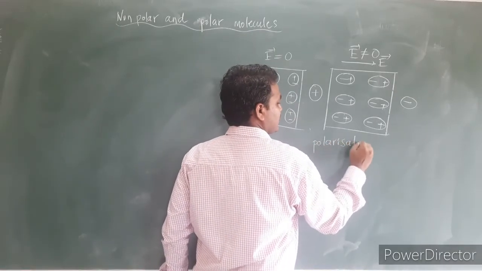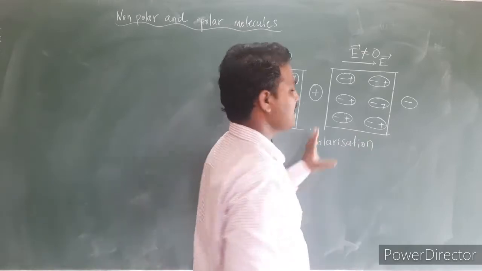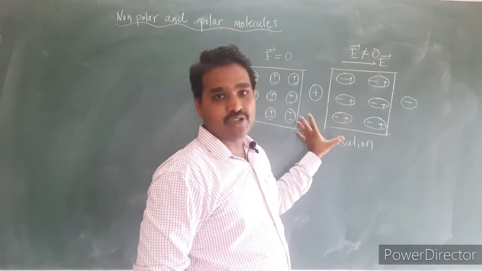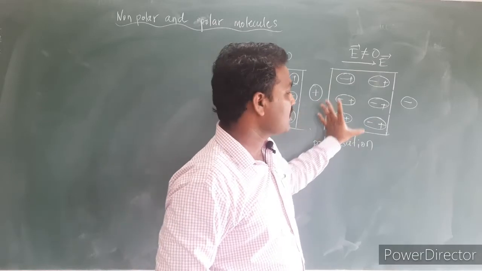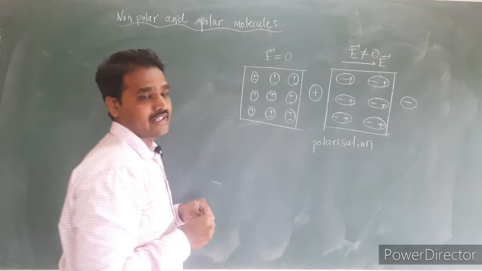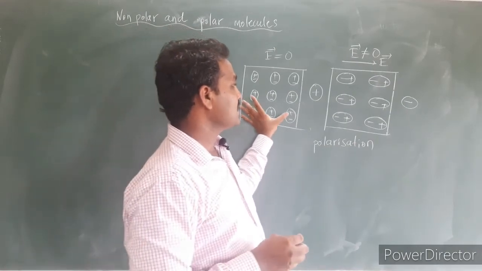We call this process polarization. These charges are said to be polarized. Okay, and the extent of polarization depends on the nature of the molecules and the strength of the external electric field.